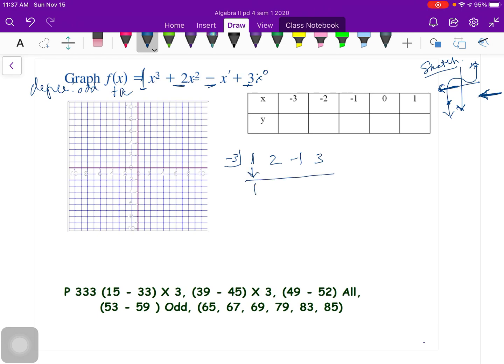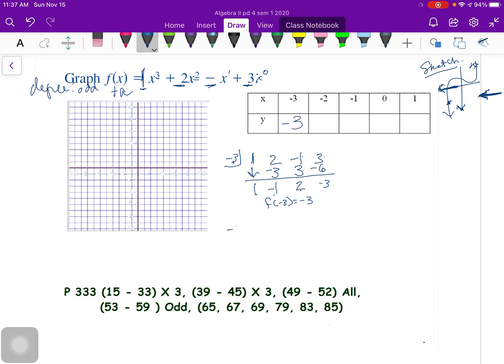Draw my line and bring down my 1. -3 times 1 is -3. Added to that 2 gives me -1. -3 times -1 is +3. Added to this -1 is 2. 2 times -3 is -6. Added to this 3 is -3. So f of -3 is -3.